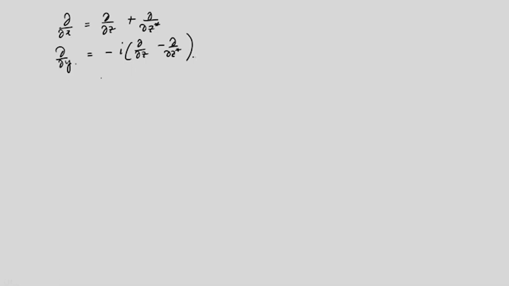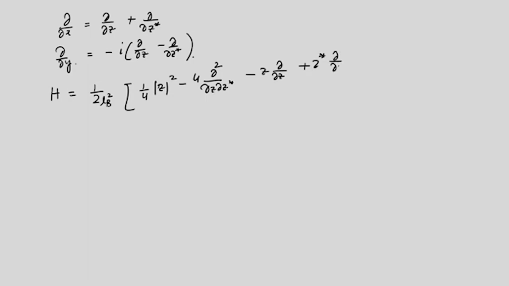So, in terms of this z and z star, the Hamiltonian can be written as 1 by 2 lB squared, 1 over 4 z squared, minus 4 del z del z star minus z del z plus z star del z star.